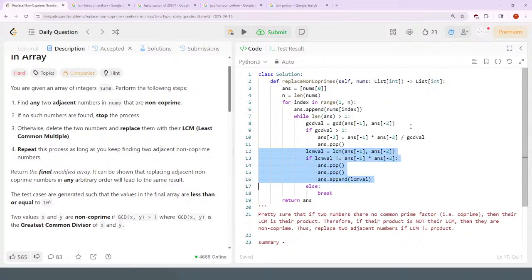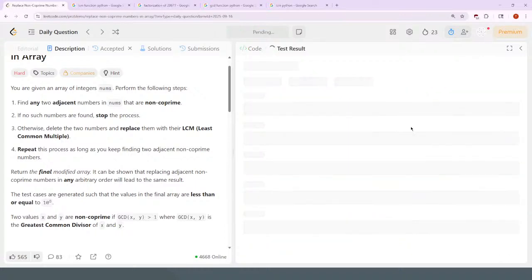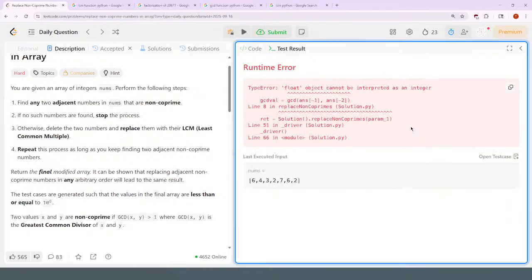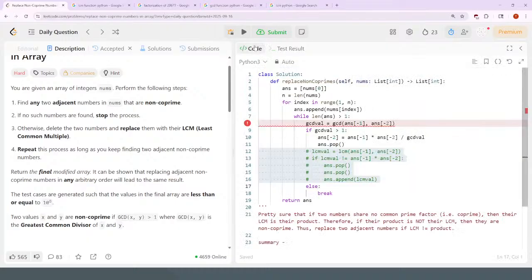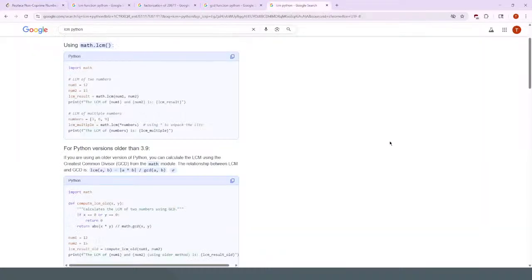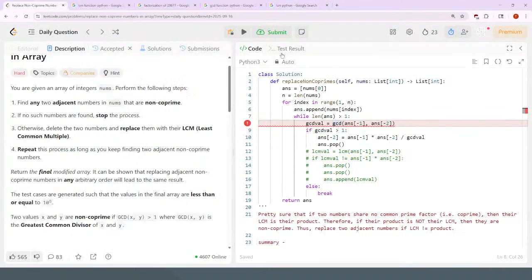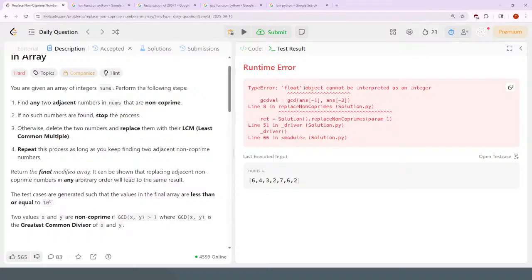Okay. Float object. How is that a float? Really? Greatest common divisor is not a float. What? Float object cannot be.